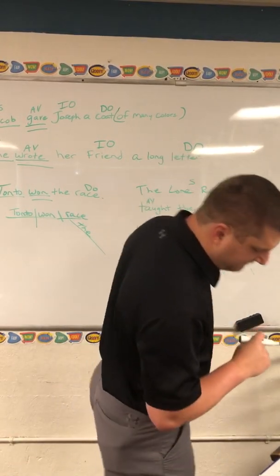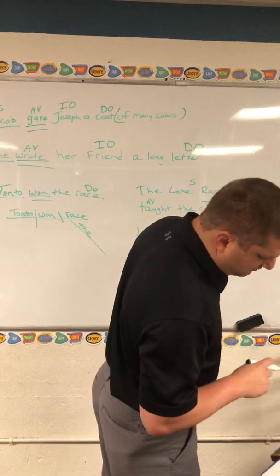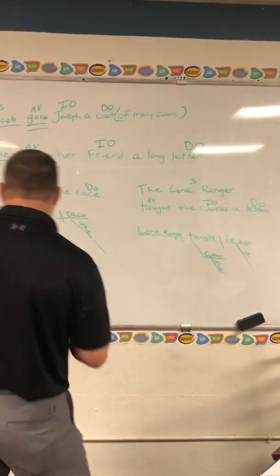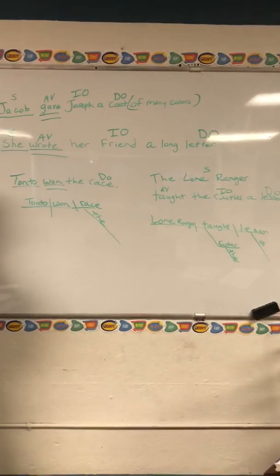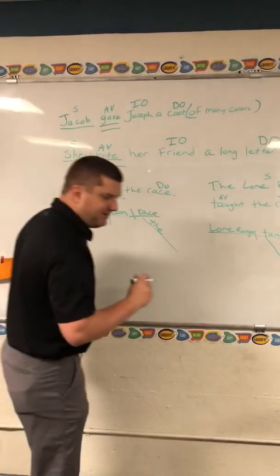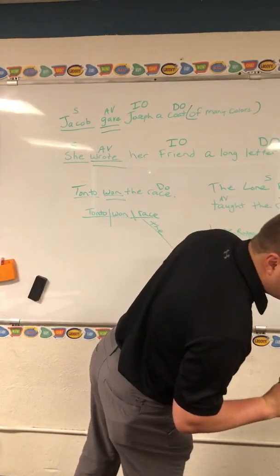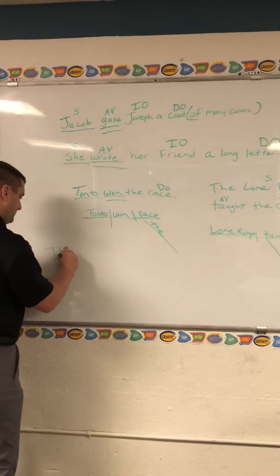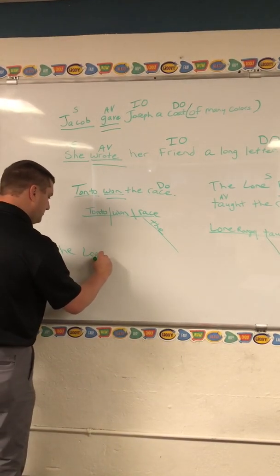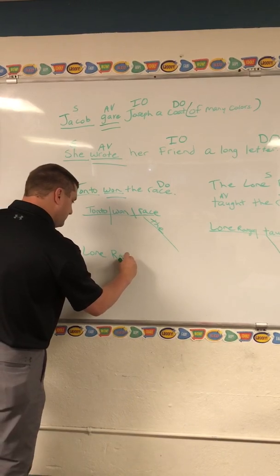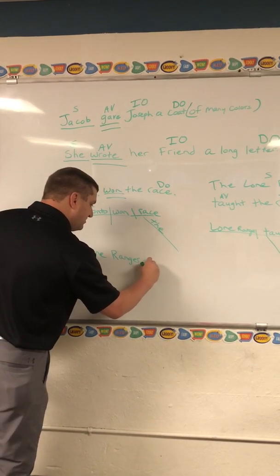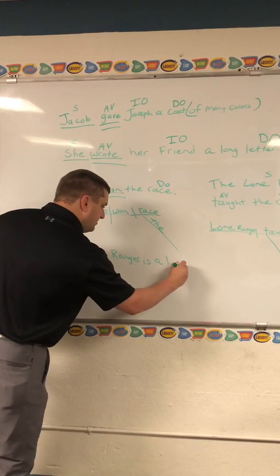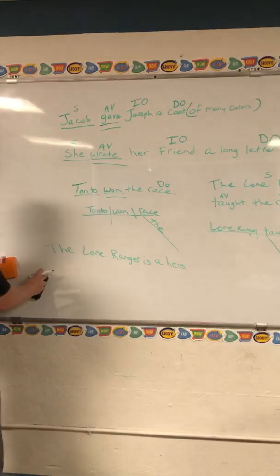Read over it. To do predicate nominatives and predicate adjectives, you're pretty much going to do the same thing, but there is a difference. So you have the Lone Ranger is a hero. Mark your sentence up first.